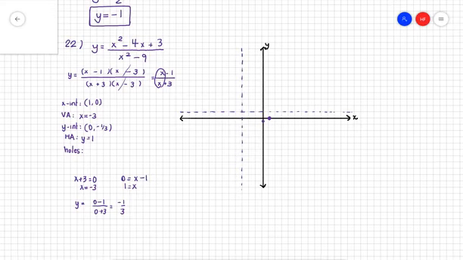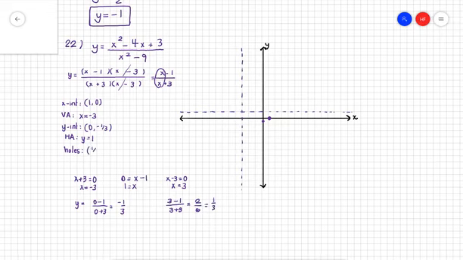And then the hole: whatever we canceled out, which was x minus 3, we set that equal to 0. x would equal positive 3. And then we plug that into the simplified version. So 3 minus 1 over 3 plus 3, which is 2 over 6, which is 1/3.